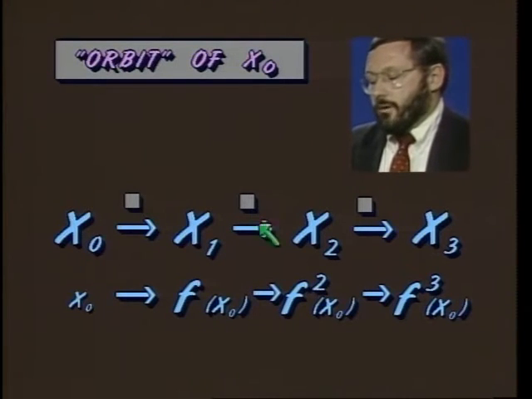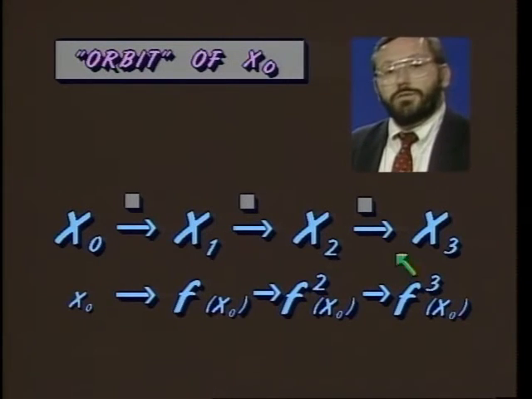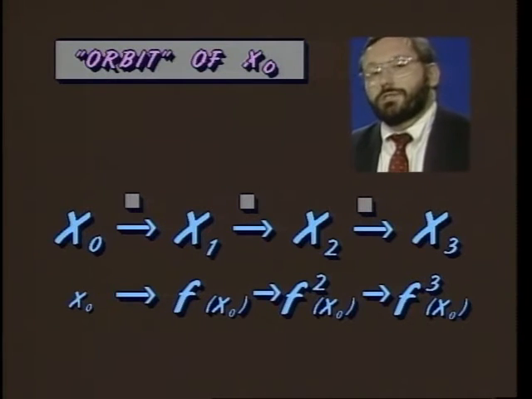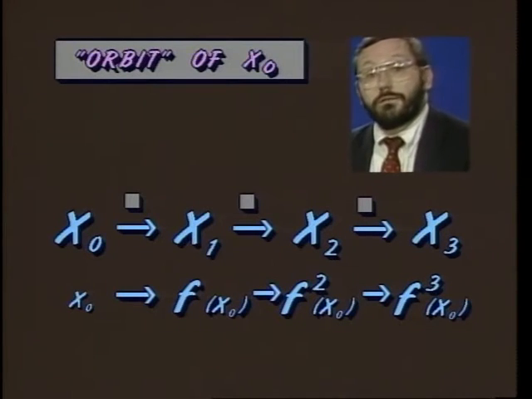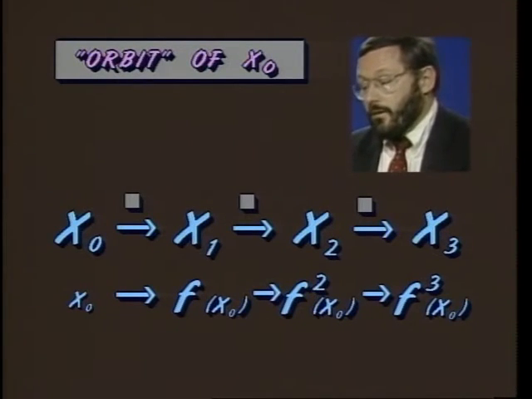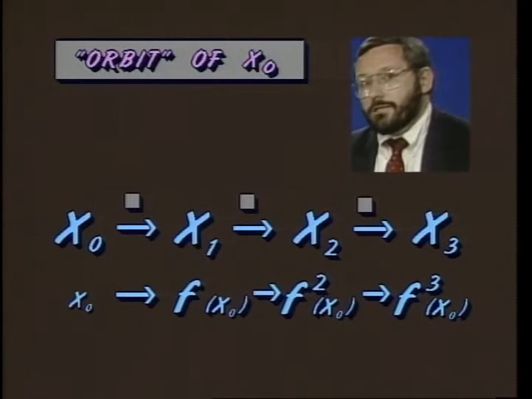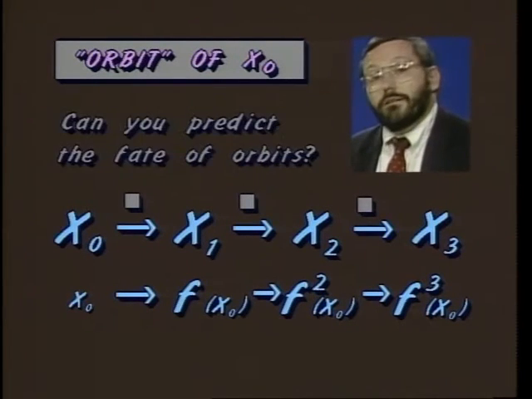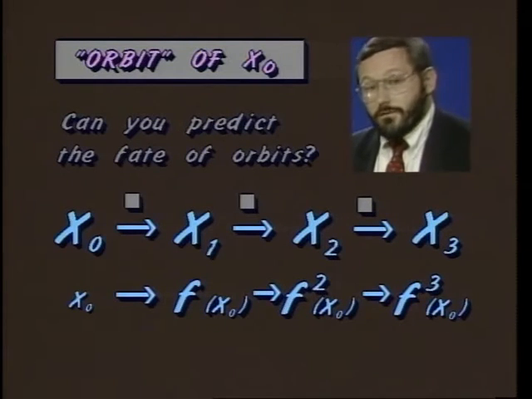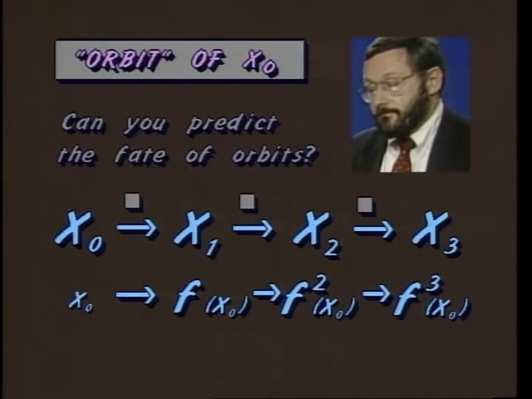Press the button again, we produce x2. Press the button again, we produce x3. Successive pushes of these buttons yield the list of numbers that are the so-called orbit of the dynamical system. So the question in mathematics, akin to the question we asked in the beginning, is can you predict the fate of orbits of this dynamical system?